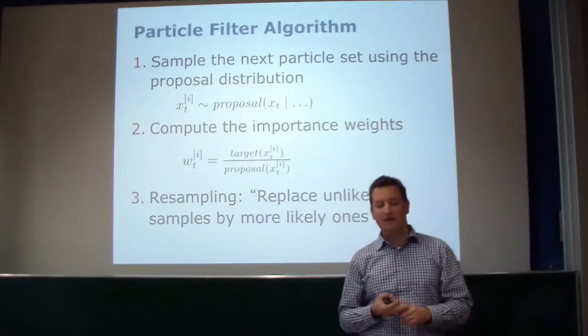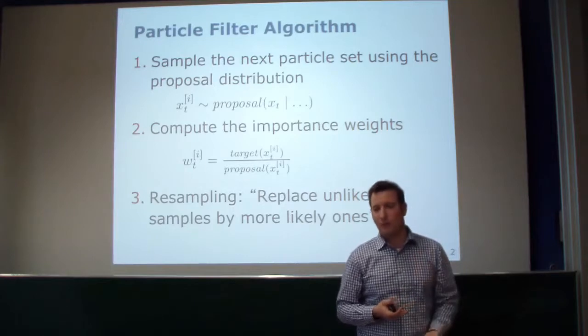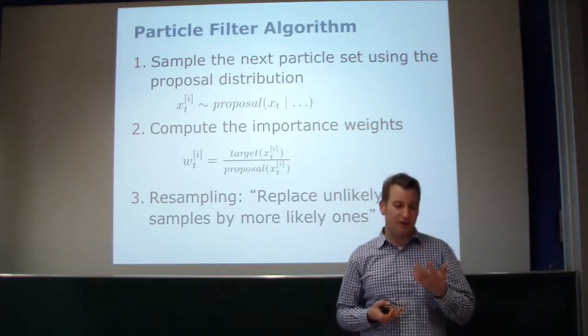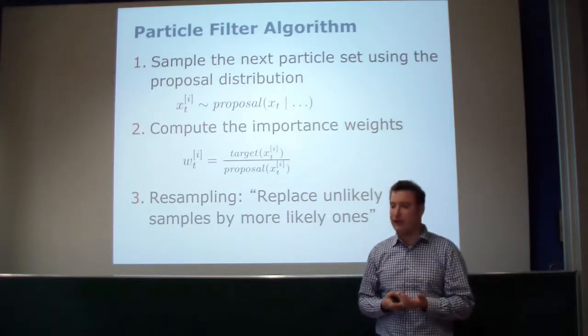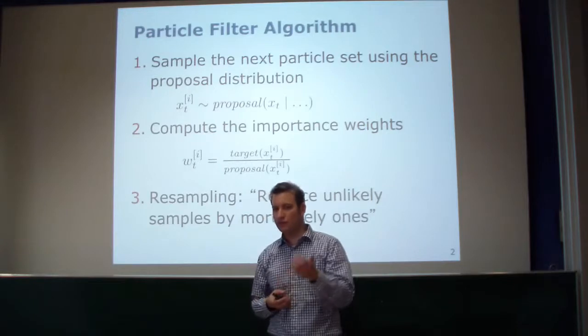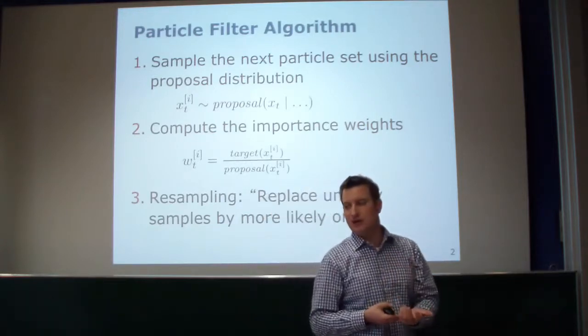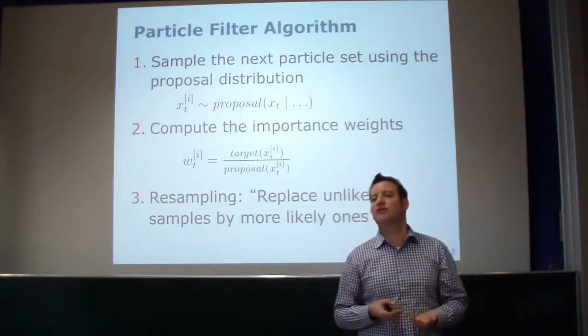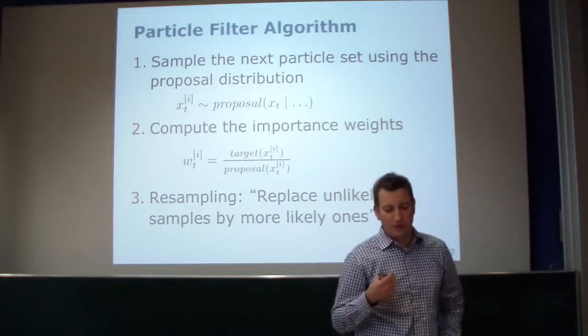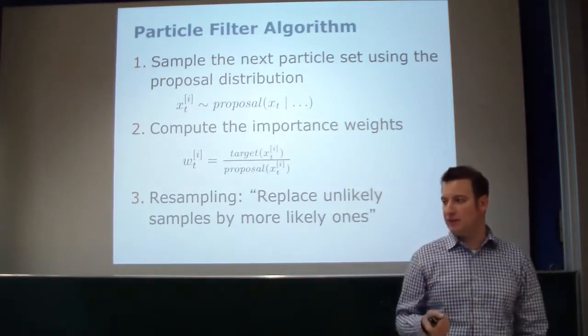The second step is where we compute the importance weights of the individual particles. This weighting step takes into account the proposal distribution that we used, the distribution from which we generated the samples, and also the target distribution, which is the distribution that we actually want to estimate.